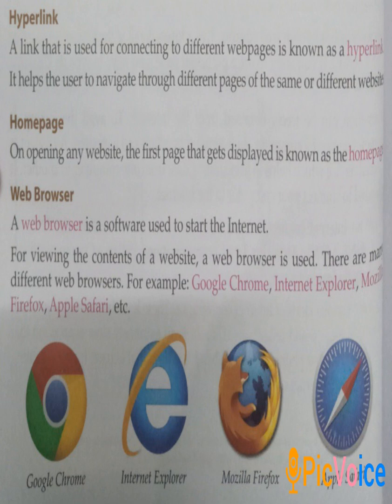A web browser is a software used to start the internet. For viewing the contents of a website, a web browser is used. There are many different web browsers. For example, Google Chrome, Internet Explorer, Mozilla Firefox, Apple Safari, etc.